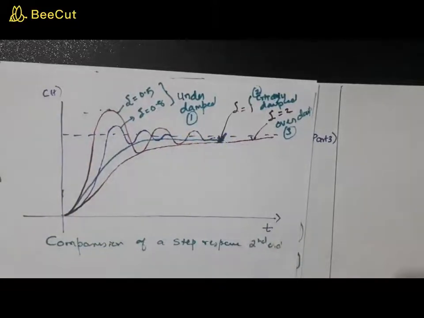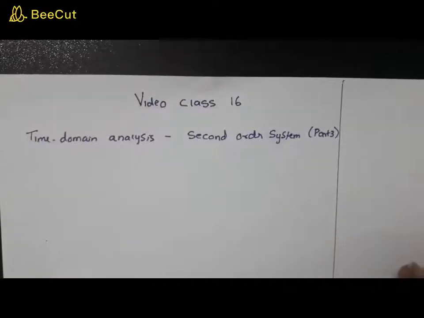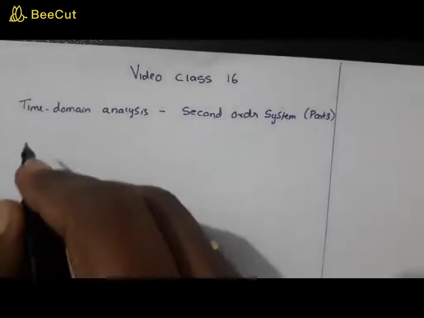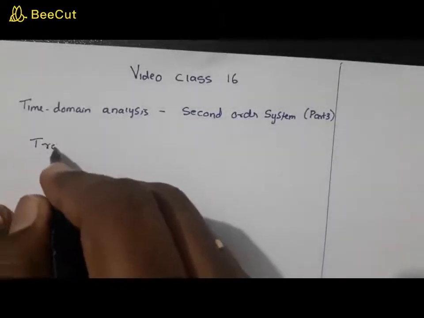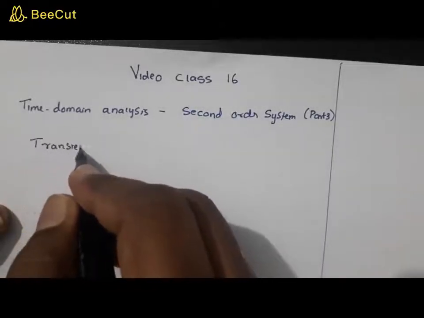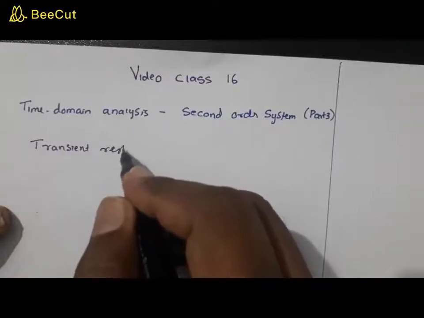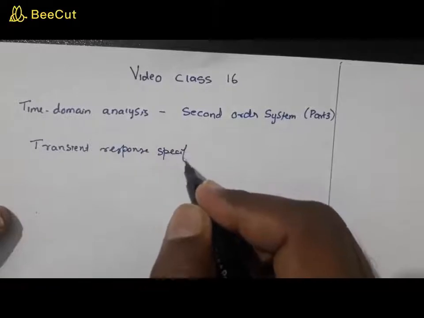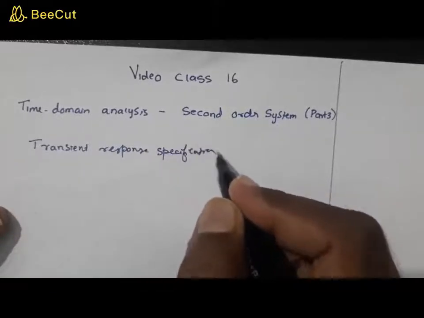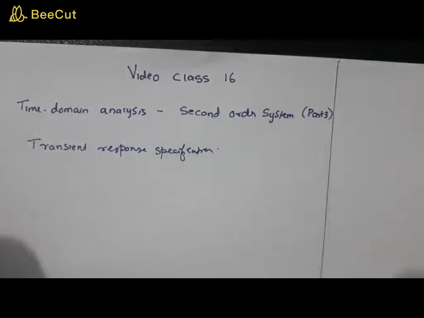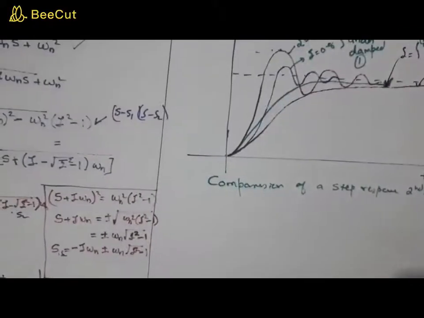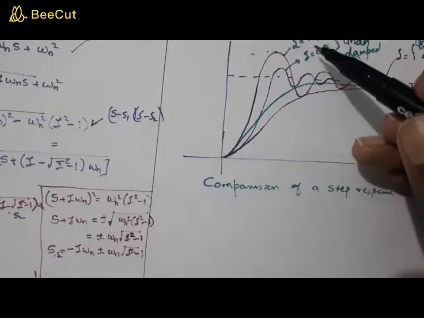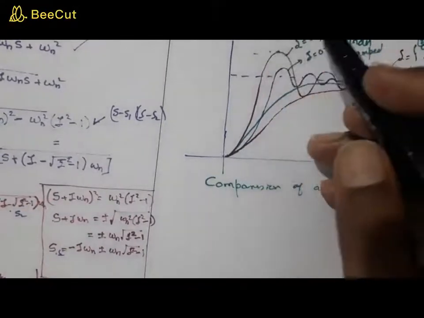Okay, now in this session we will be starting with something called transient response specification of a second order system, based on the step response of a second order system with zeta between 0 and 1.